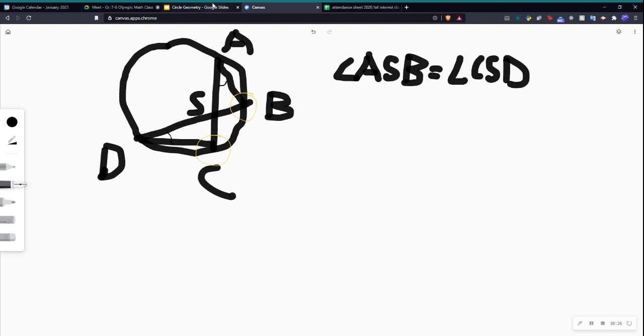So if we use the angles in the same segment theorem, this will prove that angle CDS or CDB, let's connect them to S for now. So CDS would be equal to angle BAS. Okay. So we have two pairs of angles. Automatically proves that the third pair of angles would also be equal.